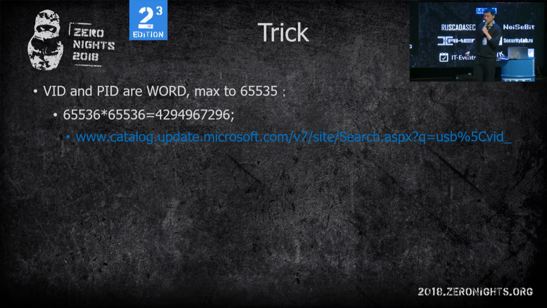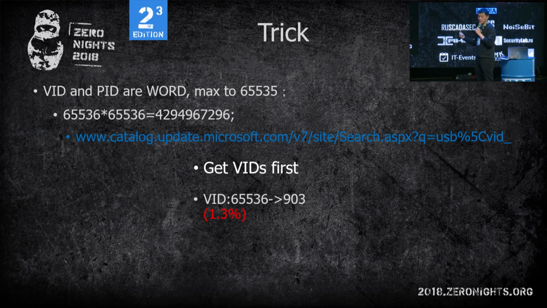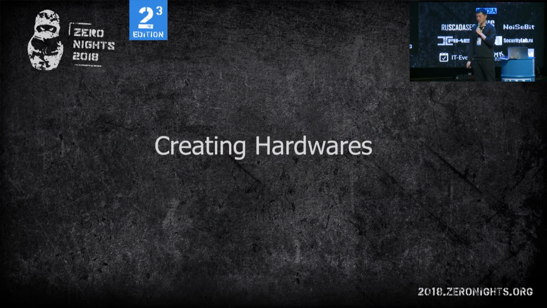We can use this link to first search the VID, and we can make this number very, very small. We got just 1% of the VIDs, and then we use the VIDs and do the combination with each PID, and then we got all the results.